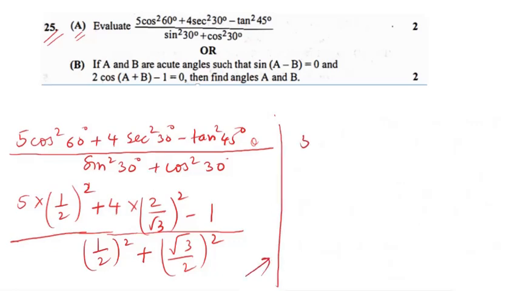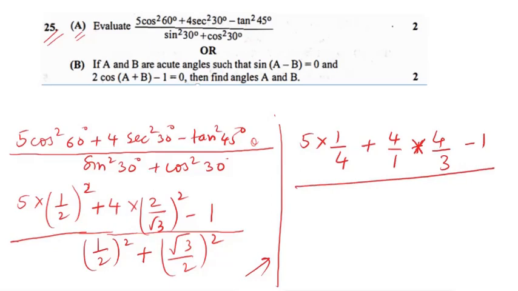So 5 into 1 by 2 square: 1 square is 1 and 2 square is 4, plus 4 into 2 square is 4 and root 3 square is 3, minus 1, upon, in the denominator, 1 by 2 square: 1 square is 1 and square of 2 is 4, plus square of root 3 is 3 and square of 2 is 4.